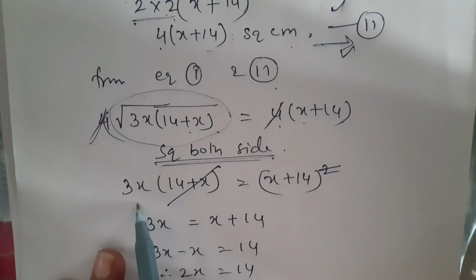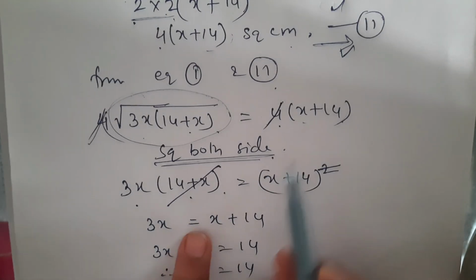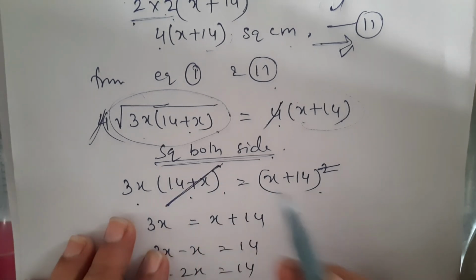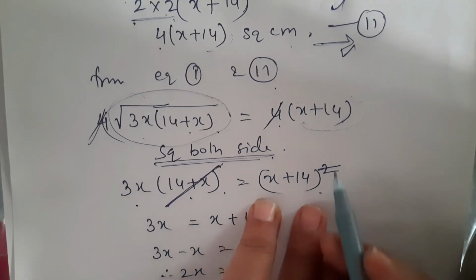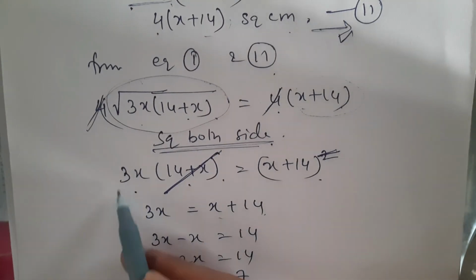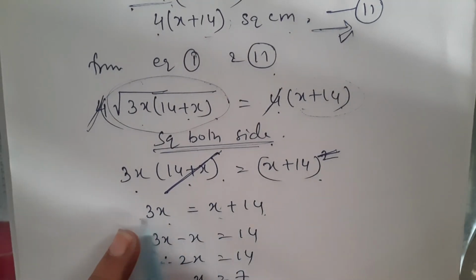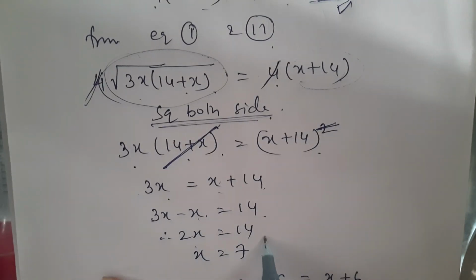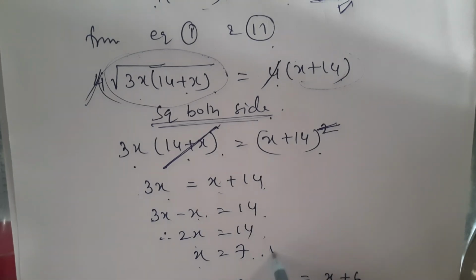So we are left with 3x into 14 plus x, whereas this is in the form of a square. Now cancel out 14 plus x from both sides. As here it is twice, I cancelled 1. So I am left with x plus 14. And here 3x. Now shift this x towards the left. 3x minus x is equal to 14. 3x minus x is 2x. 2x is equal to 14. Thus x is 7. We got the value of x.